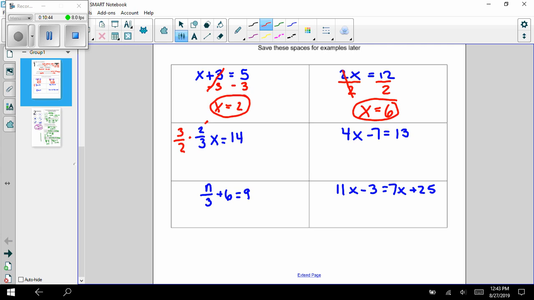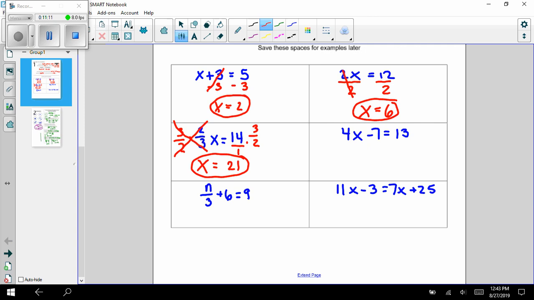The reason we do that is because it cancels out by cross multiplication. What I do to one side, I have to do to the other. So on the left side, I'm left with x equals, now I have 14 over 1 times 3 over 2. If I were to put that in Desmos or my calculator, 14 times 3/2, I would get 21.